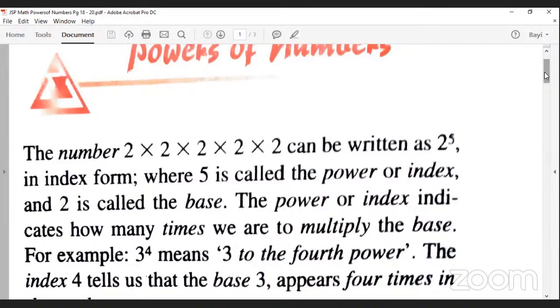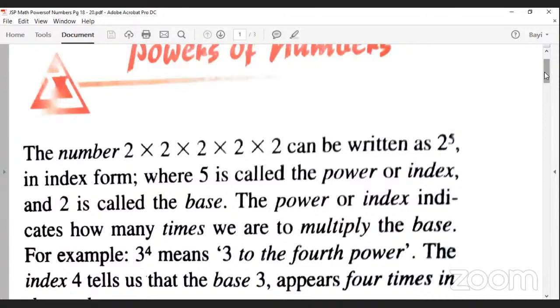This is index form, where 5 is called the power or index, and 2 is called the base.